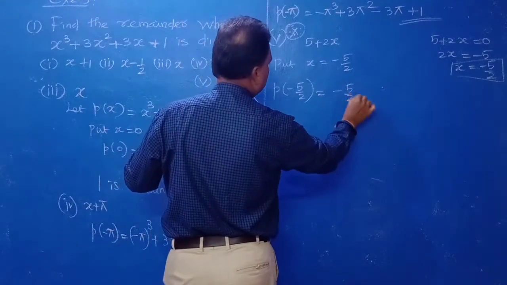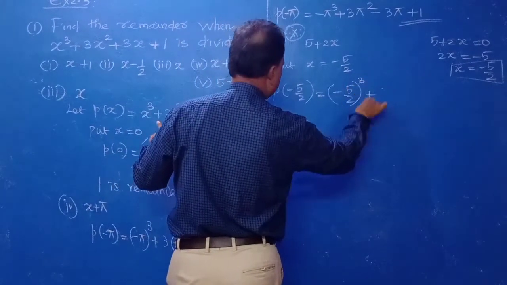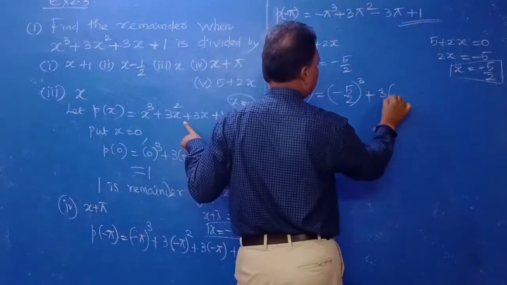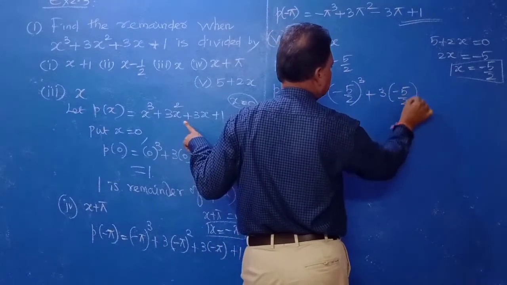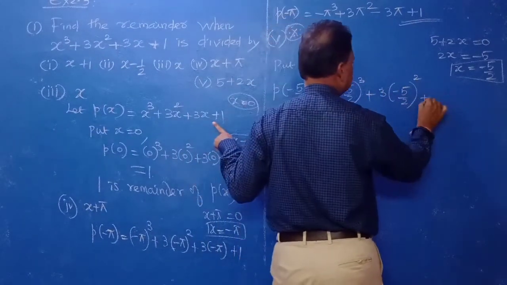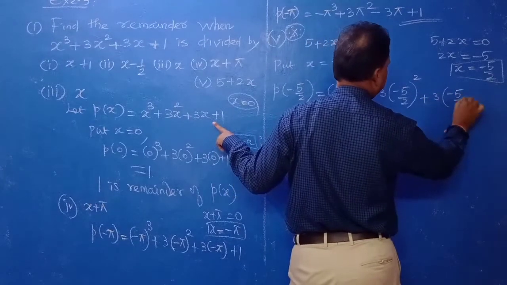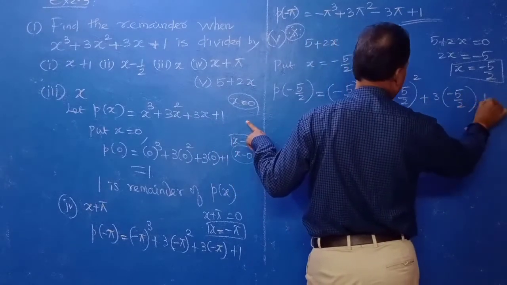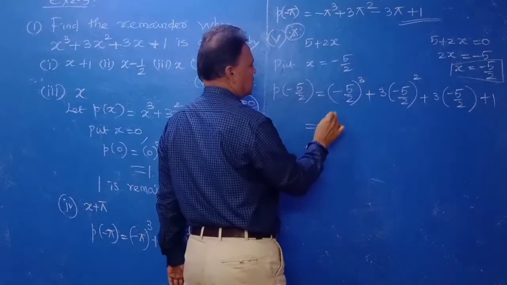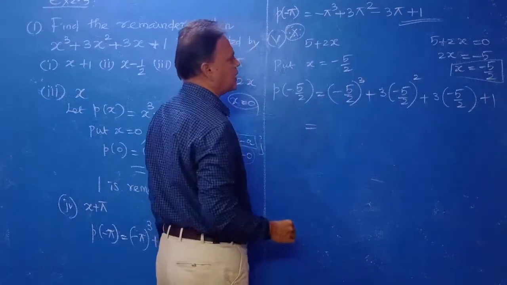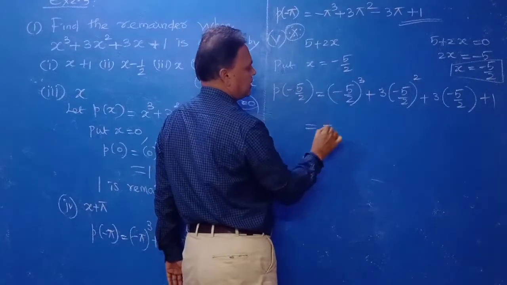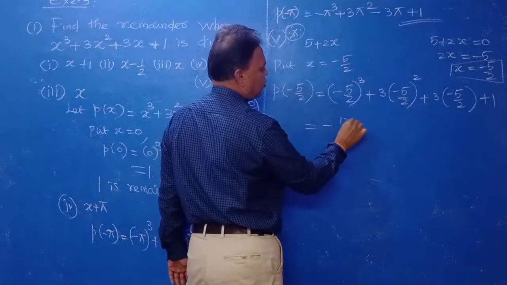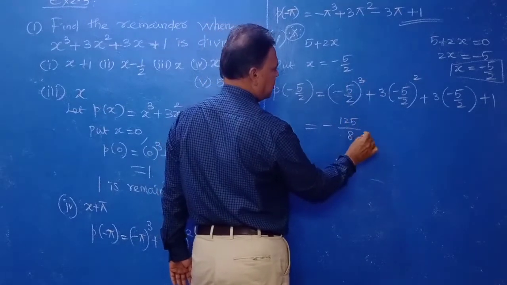So in this you put p of minus 5 by 2, which is minus 5 by 2 the whole cube plus 3 into minus 5 by 2 the square plus 3 into minus 5 by 2 plus 1. So minus 5 by 2 cubed is minus 5 cube, 125 by 8.